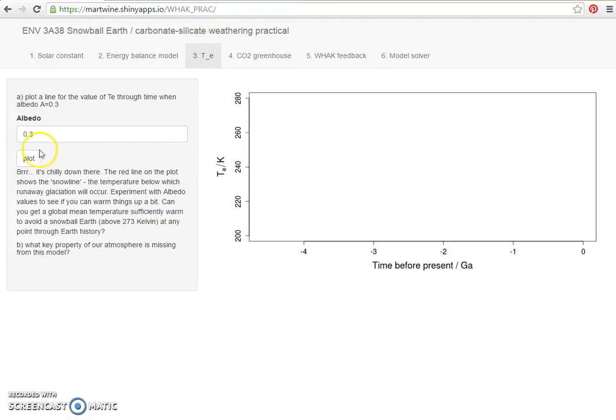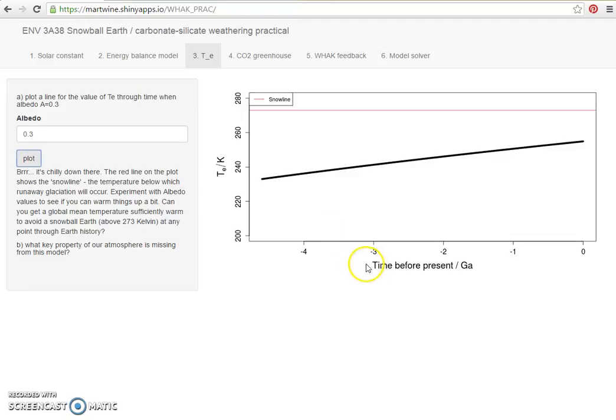So, therefore, we can take a look at how the effective temperature, the emission temperature, changes through time. And the key thing to take from this is that it's pretty cold. This is the snow line, so that's 273 Kelvin. So when the average temperature of the planet is 273 Kelvin, it's effectively frozen over. And so the effective temperature on its own is way below that.